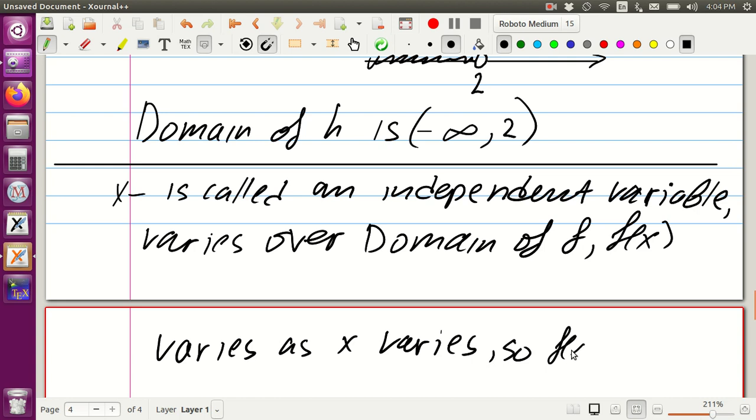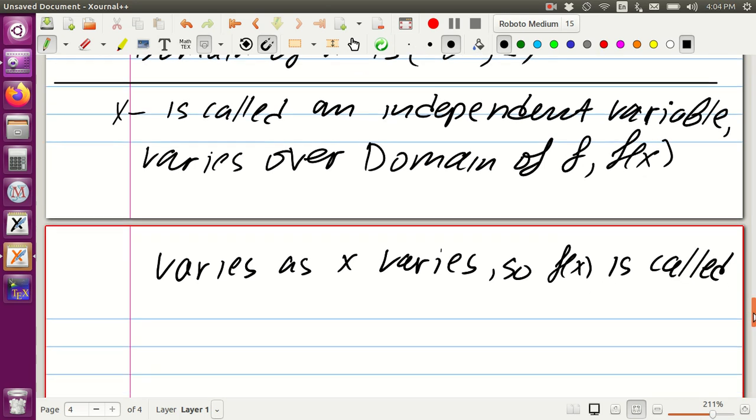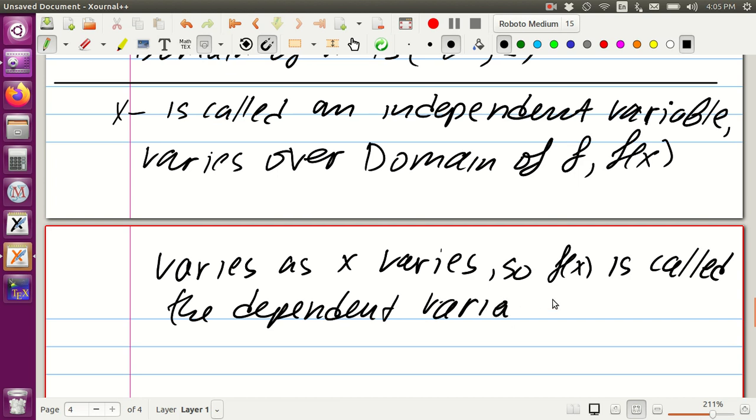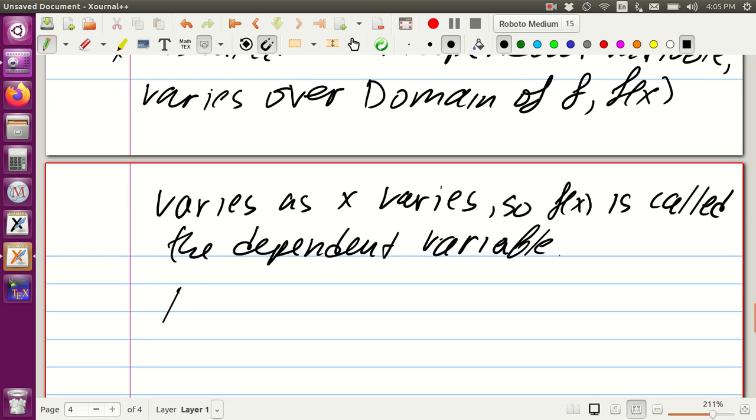So f of x is called the dependent variable. So our notation therefore is y equals f of x.